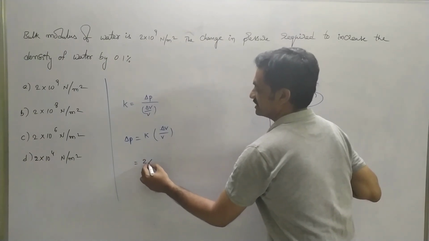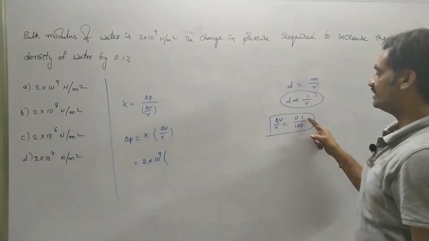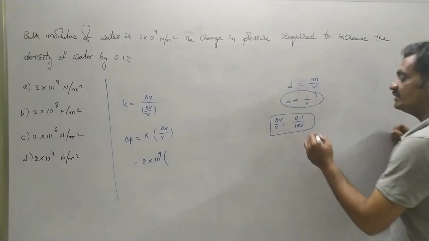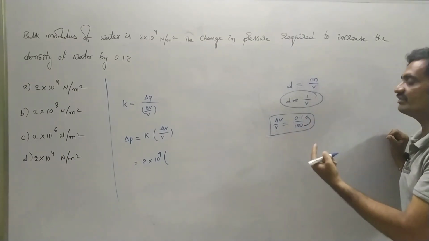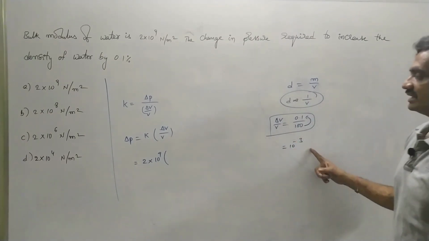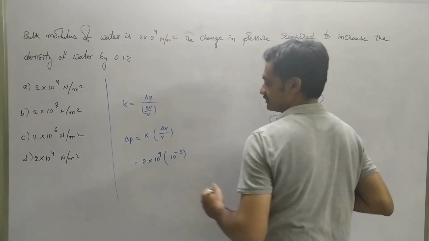Then it can be represented as 2 into 10 to the power of 9 into delta V by V, which is 0.1 by 100. If you bring this 100 towards the numerator, it can be represented as 10 to the power of minus 2. Then it can be represented as 10 to the power of minus 3.